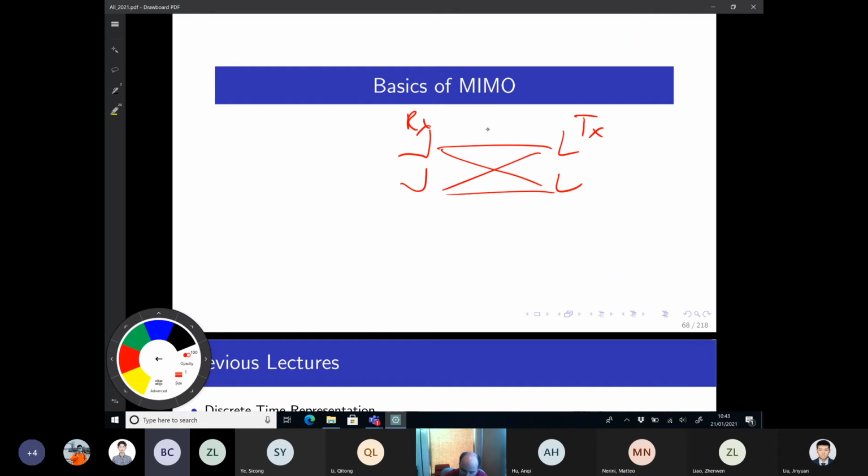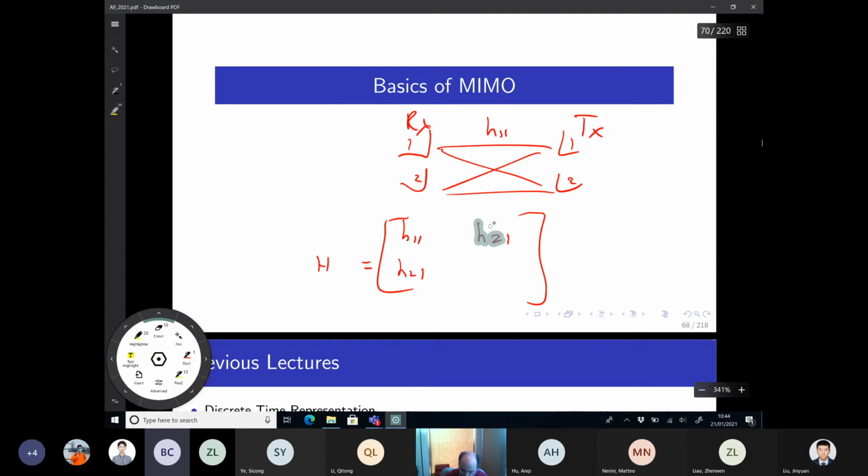So let's imagine I have this H11. In my channel matrix H, that's the channel gain between transmit antenna 1 and receive antenna 1. Then I have what goes from transmit antenna 1 to receive antenna 2. This will be H21.